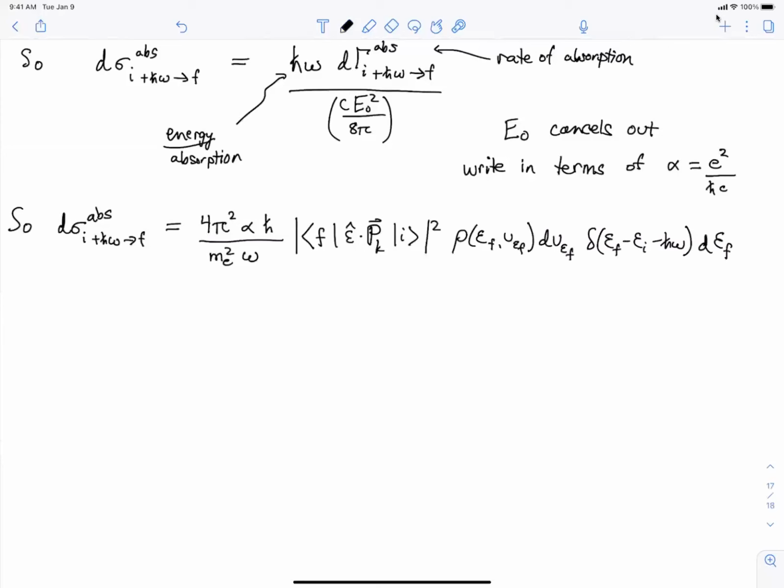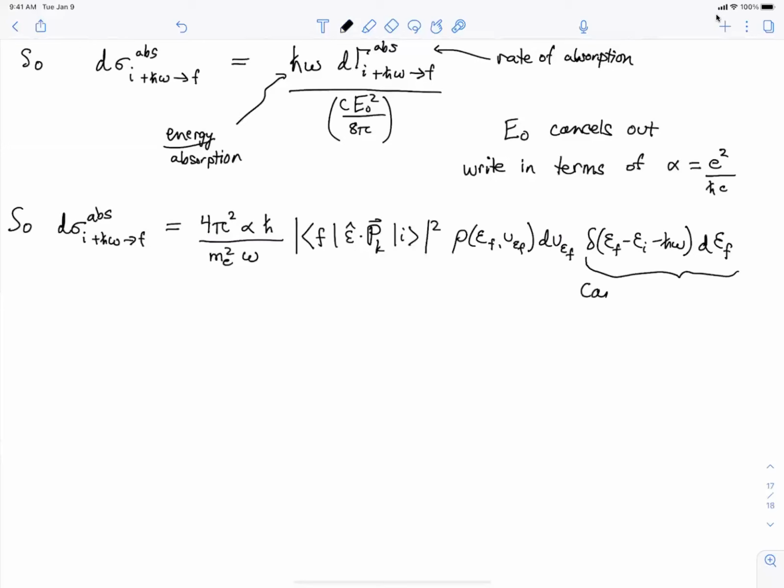Okay, so now what are we going to do? The next thing we can do is integrate over the final state energies, and all that's going to do is turn this last factor into 1, because when you integrate a delta function with respect to that variable, you just get 1.